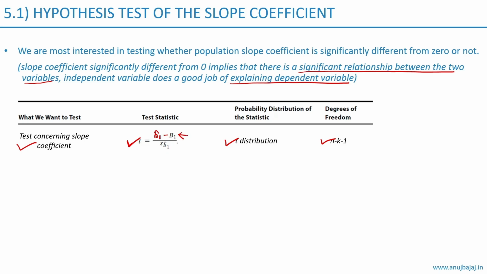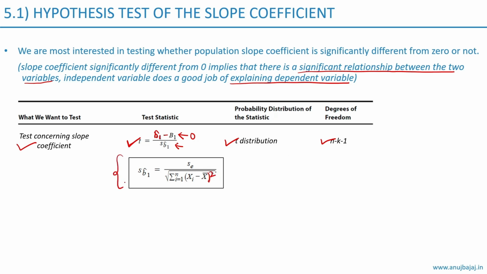The hypothesized value of the population slope coefficient is represented by capital B subscript 1, and this is usually 0, divided by the standard error of the slope coefficient, and the formula is the standard error of estimate divided by the root of the summation of the independent variable's deviation squared.